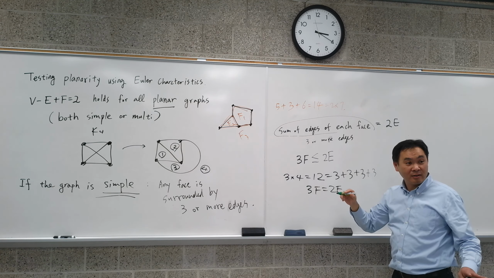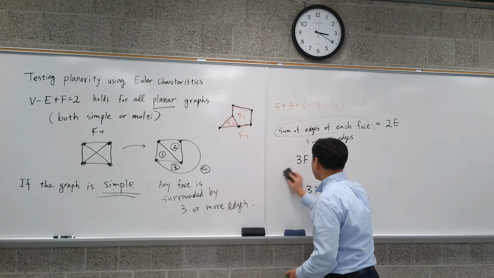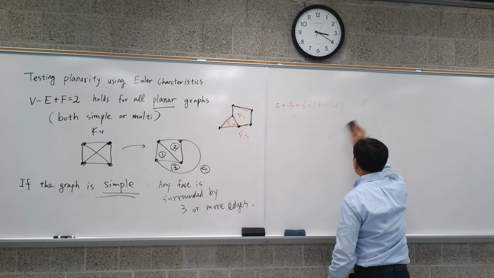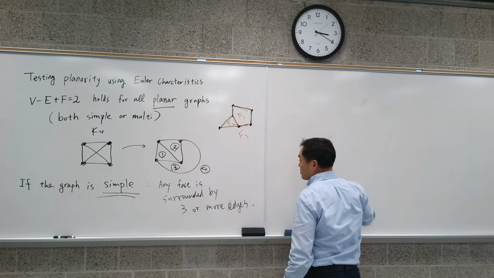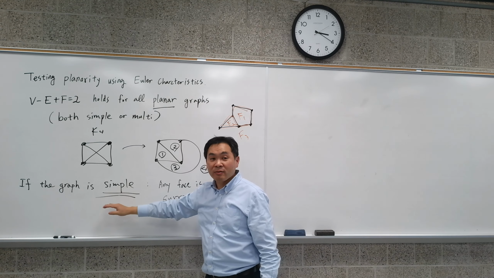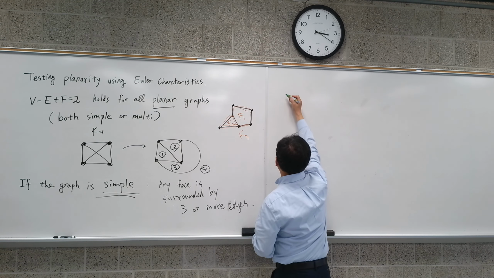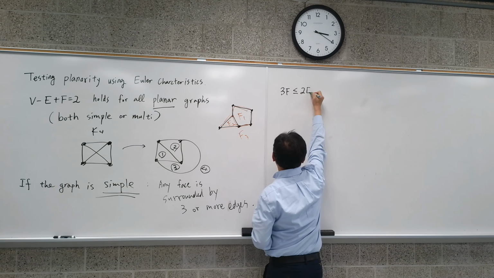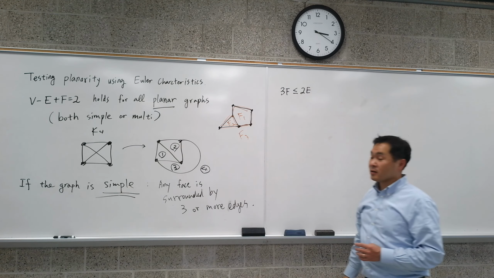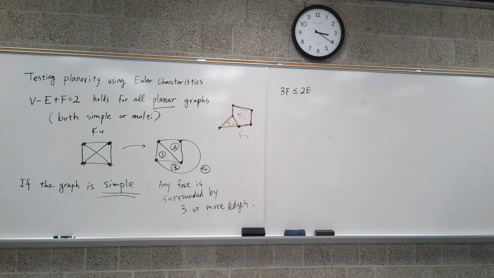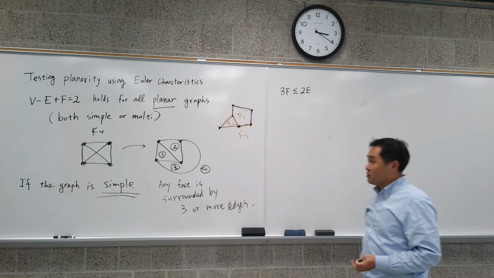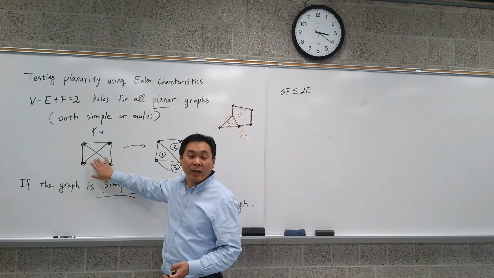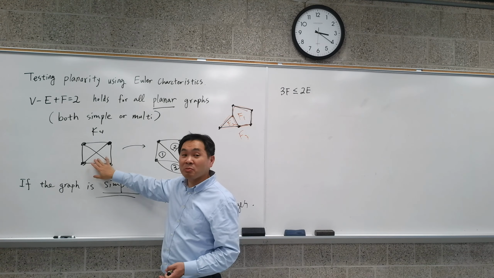You see that? Okay. So this informal discussion should convince you that if you have a simple graph, it's always the case that 3f is going to be less than or equal to 2e. So here's a way to argue. Suppose you're given some graph, and I have no idea if it has a planar embedding or not.